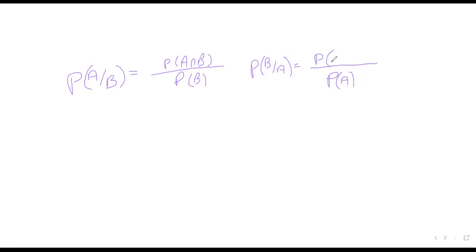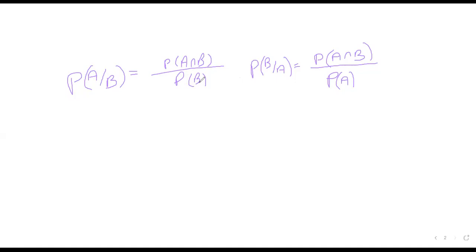Then on top, we have B intersection A. The same thing, B intersection A or A intersection B. That's okay.